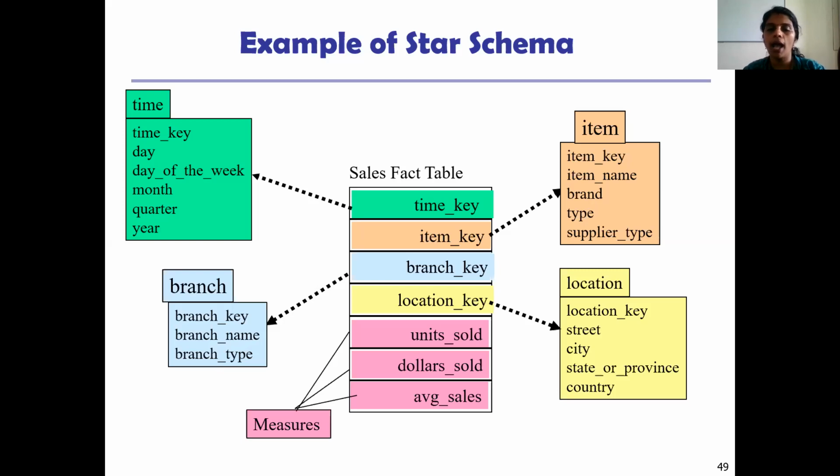Okay. Now I had told that in case of star schema, there is a chance of redundancy. So why this redundancy? Consider one example, location. Suppose my company has two branches, one in Bengaluru and another in Mysore. So city will be Bengaluru and Mysore. Now coming to the state, both Bengaluru and Mysore belong to the same state, that is Karnataka.